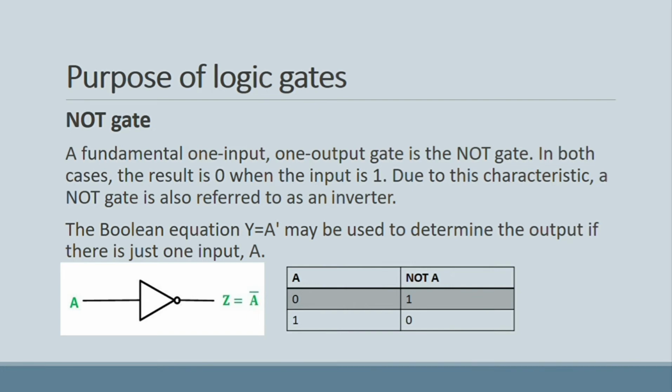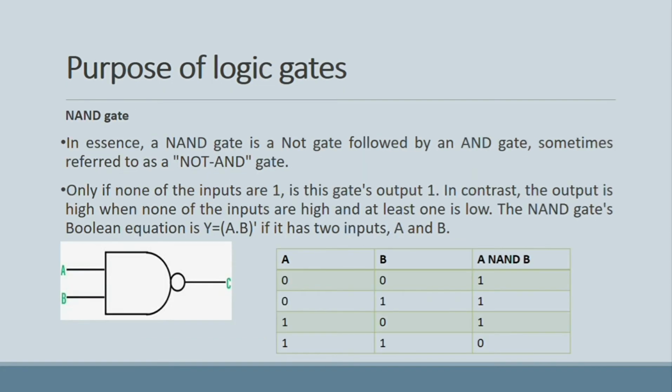Due to this characteristic, a NOT gate is also referred to as an inverter. NAND gate. Essentially, a NAND gate is a NOT gate followed by an AND gate, sometimes referred to as NOT AND gate.